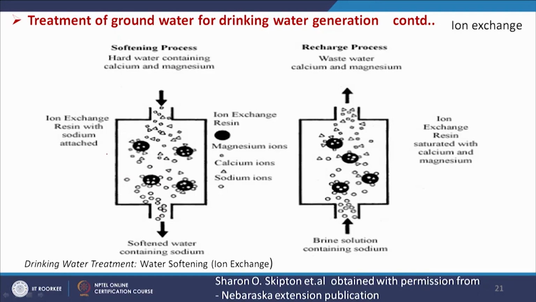That resin is basically an ion exchange resin with sodium attached to the resin part, and when water passes through it, calcium and magnesium will be captured and we will get the softened water. For regeneration, a brine solution will be sent, the calcium and magnesium will be removed and sodium will be added to the resin again, and this is called regeneration.